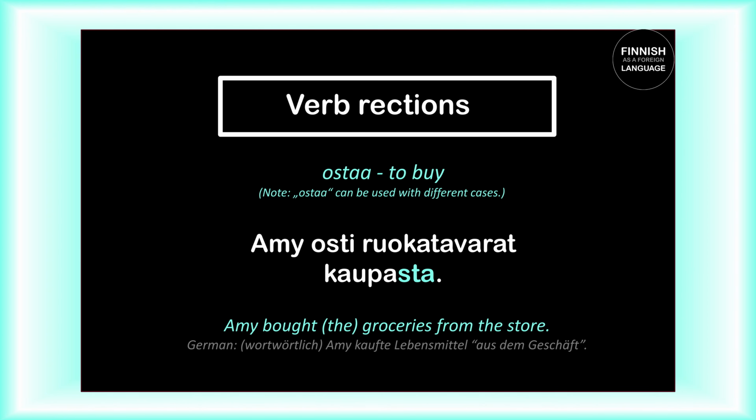Here we use the T plural because we're talking about specific groceries. And then we have kaupasta, which means from the store, standing in the elative case. Its basic form is kauppa. We use the elative case here because we want to express where from Amy is buying groceries. So let's repeat. Amy osti ruokatavarat kaupasta. Amy bought groceries from the store.